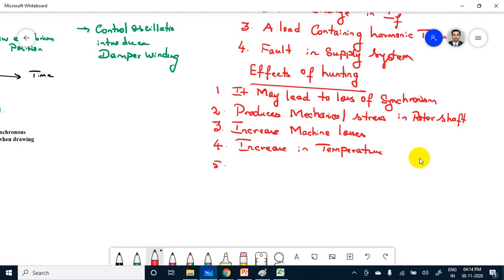Fifth point, it will also increase resonance.